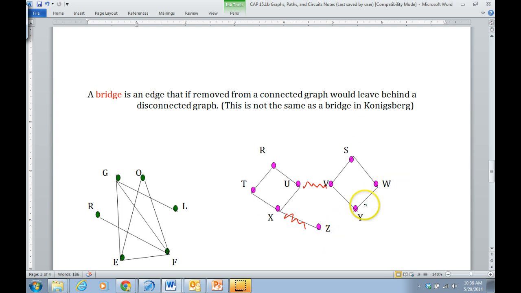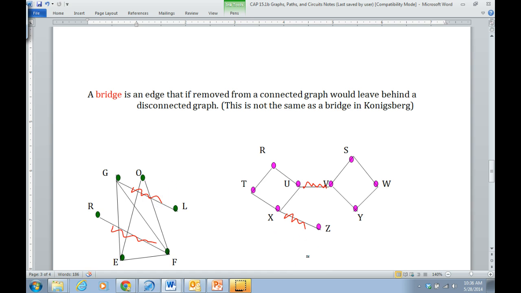So this graph is pretty easy to look at to see that, but if you look at the one on the left, it's not quite so obvious. What edge could I remove to make it disconnected? Yeah, F, if I took that off, R would be by itself, right? How about another one? GL, okay?